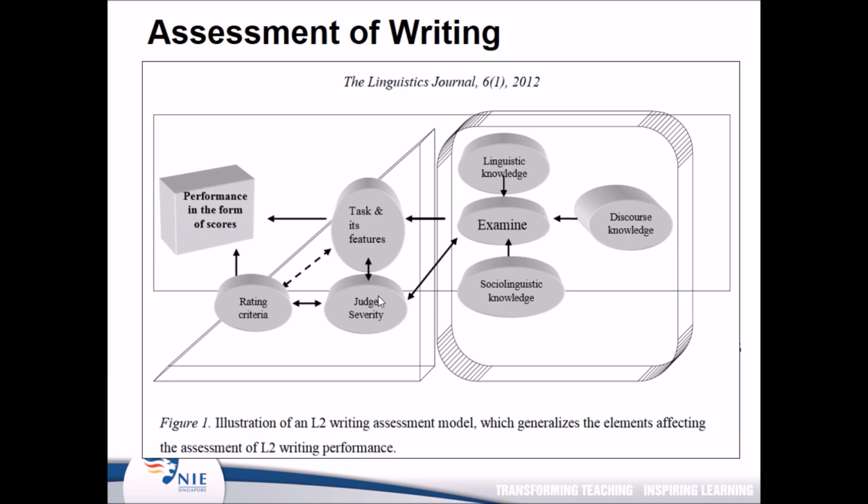And these two, which are not predicted by any of the previous models we have discussed, are very important in assessment: the severity of the judge, or the characteristics and predispositions of the judge or the rater, as well as the rating criteria. I'm afraid these are very important, and they can affect the performance of the examinee in ways that we cannot even predict. In the end, the performance is summarized in the form of a test score.